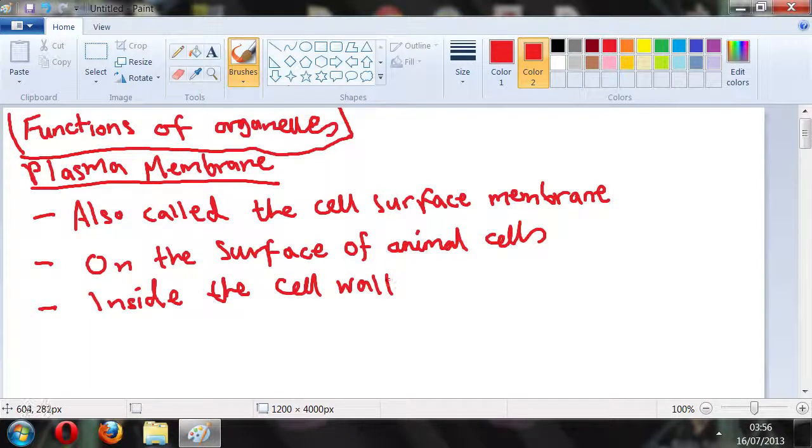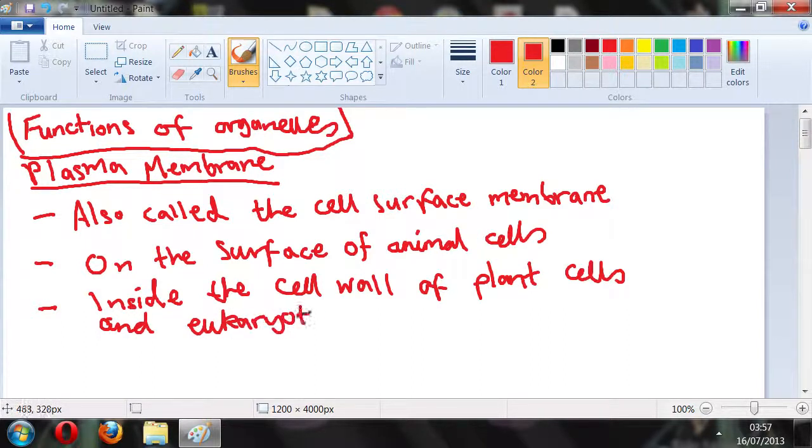Inside the cell, or just on the edge of both plant cells and eukaryotic cells.